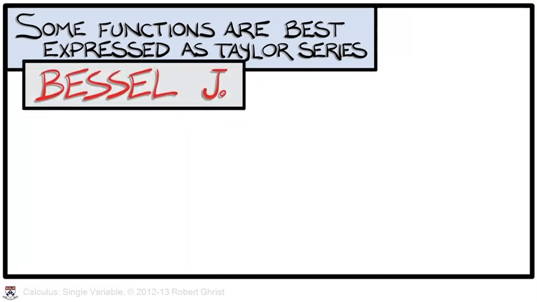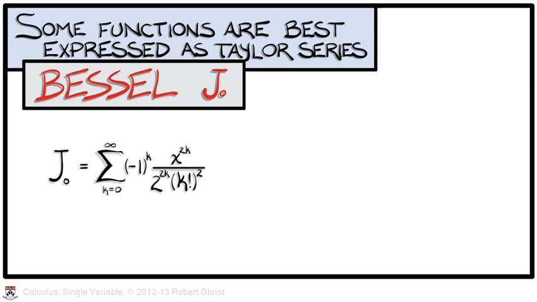Here's an example that I'll bet you've never seen before, though it's a famous function. This is the Bessel function, J0, that is most easily defined in terms of its Taylor series as the sum, k goes from 0 to infinity, -1 to the k, times x to the 2k over 2 to the 2k times k factorial quantity squared.